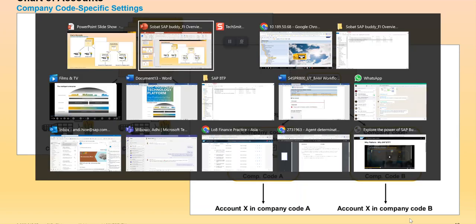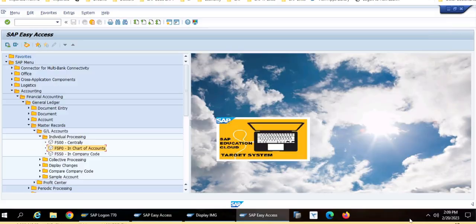For your better understanding, we can go to the system. Please go to the SAP GUI, SAP EC Access. You can go to accounting, financial accounting, general ledger, master records, GL accounts, individual processing.